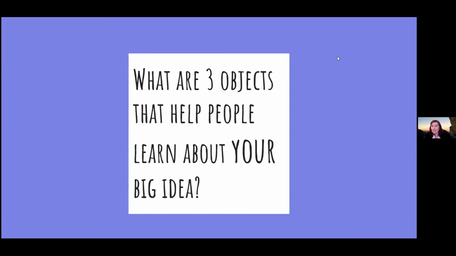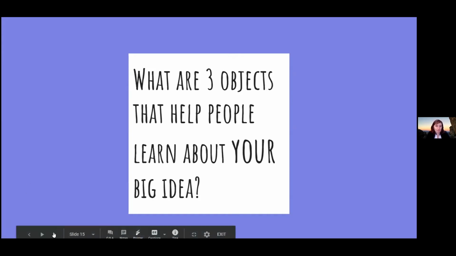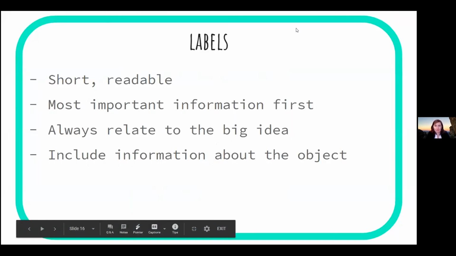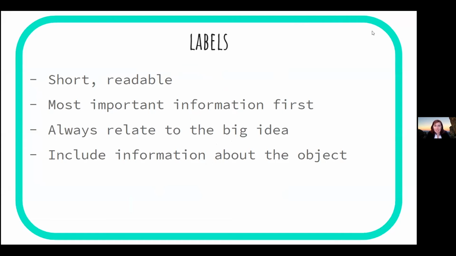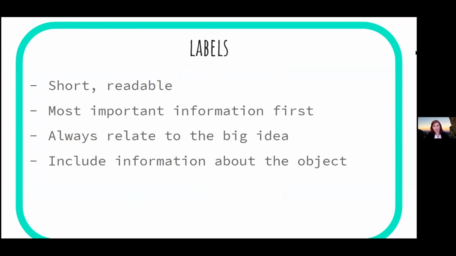So Kimberly and I now are going to tell you a little bit about how to write labels to help people understand how those objects tell the main idea. First, we want to explain a little bit about what labels are. Labels help you understand a little bit about the objects in your exhibit.